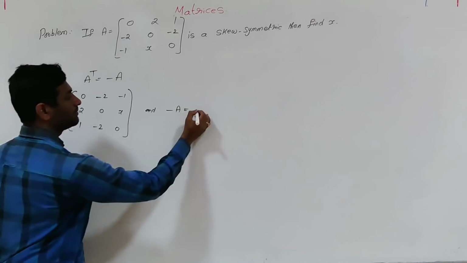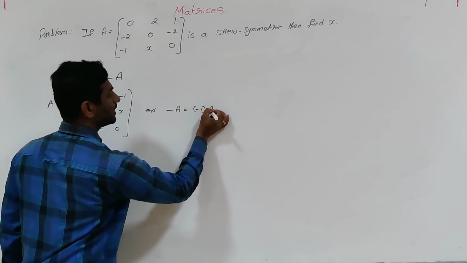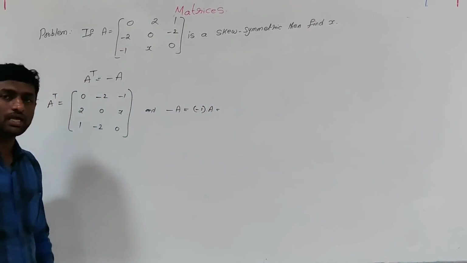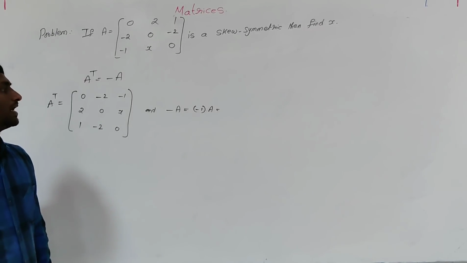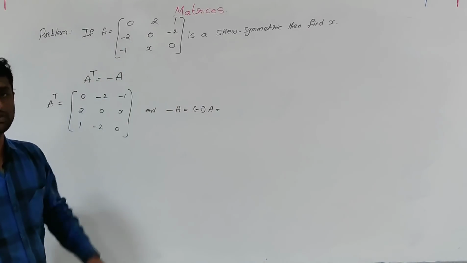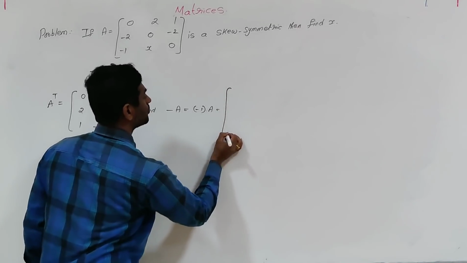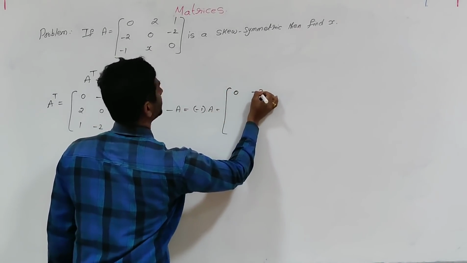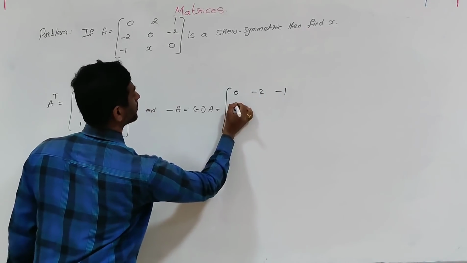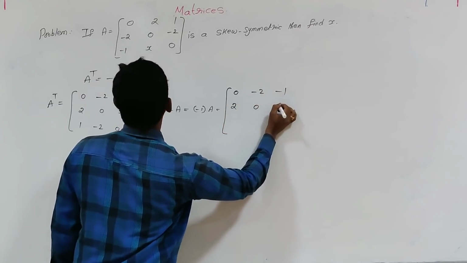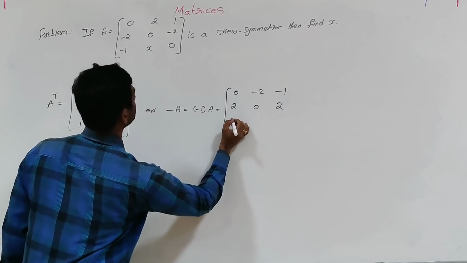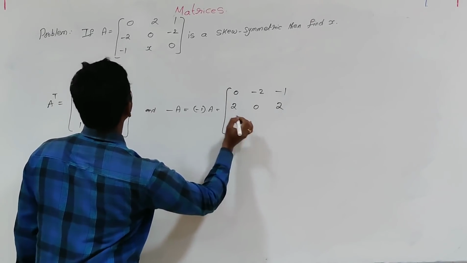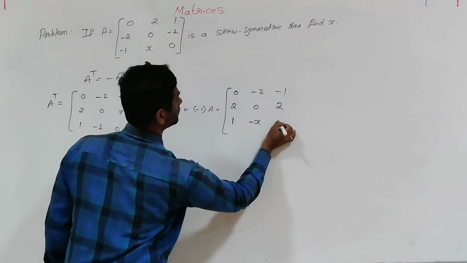Minus A means minus 1 into A. That is, minus 1 is a scalar which is to be multiplied with each and every element of this matrix. So let's see what is minus A: 0, minus 2, minus 1, 2, 0, 2, and this will be 1, minus x, and this will be 0.